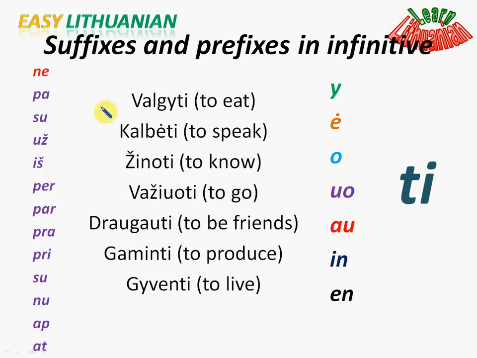And these are other prefixes which can occur in the infinitive and in other verb forms. Pa usually shows that the action is finished and has some results. Here are those prefixes, so it will be easier to remember if you know these suffixes and prefixes.